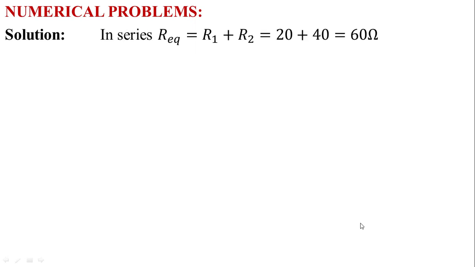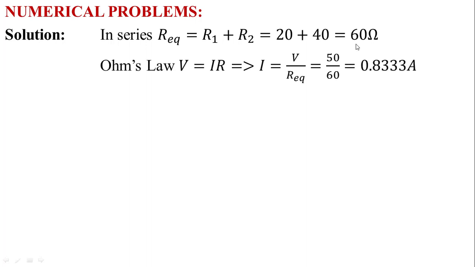In the solution of numerical problem 6, it is given that in a series combination, R equivalent is equal to R1 plus R2. The value of R1 is 20 plus the value of R2 is 40. 20 plus 40 is equal to 60 ohm. Now, according to Ohm's law, V is equal to IR.